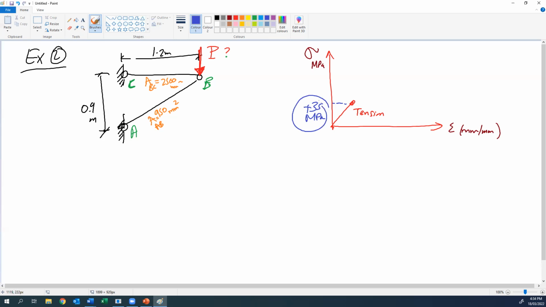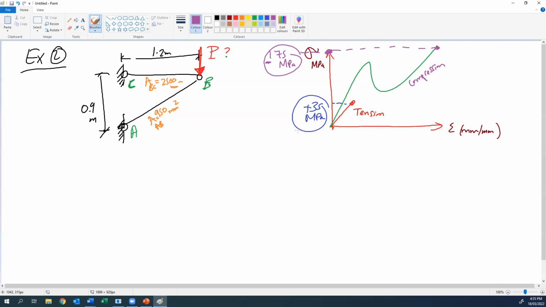If you have a look at the compression, it is like that. This is the behavior in compression. The maximum of compression is here, 175 megapascal, and because it is compression, we should give it a negative sign.